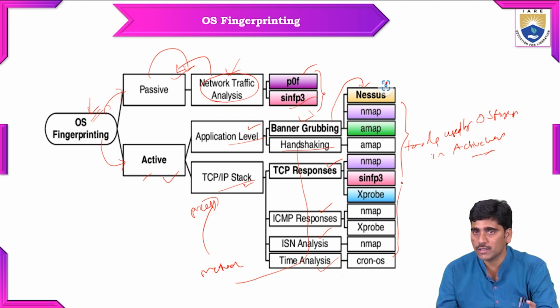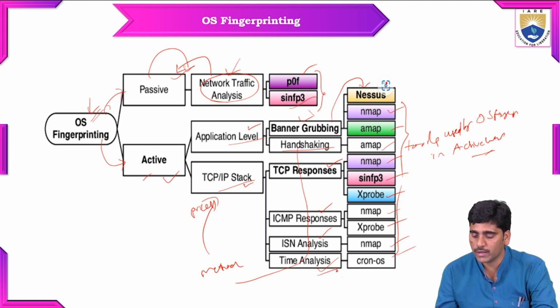The tools are Nessus, Nmap, Amap, Sniff3, Xprobe, and Cron-OS.